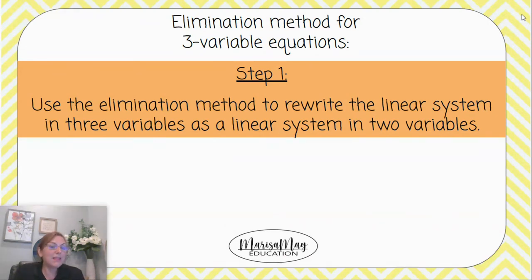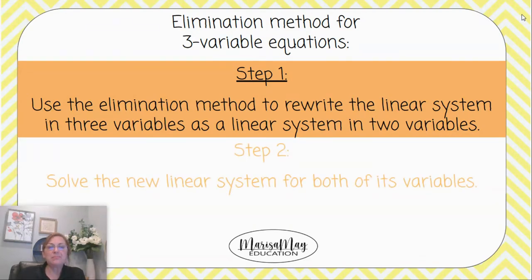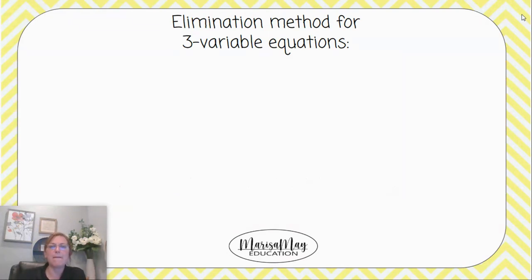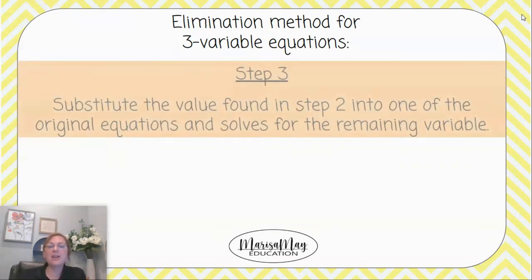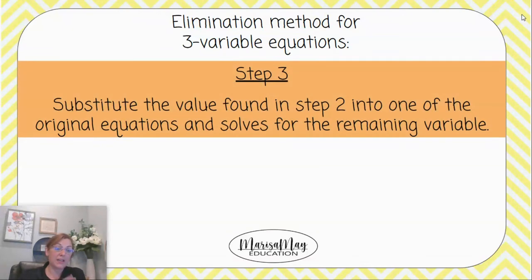That means you're going to eliminate one of the variables right from the beginning, and then solve the system that's left with 2 variables. You may be going, oh, this is many steps. It is, but we'll walk through an example with you, okay? After you do that, you're going to take the values you find in step 2 and put them in the original equation to find that 3rd variable.